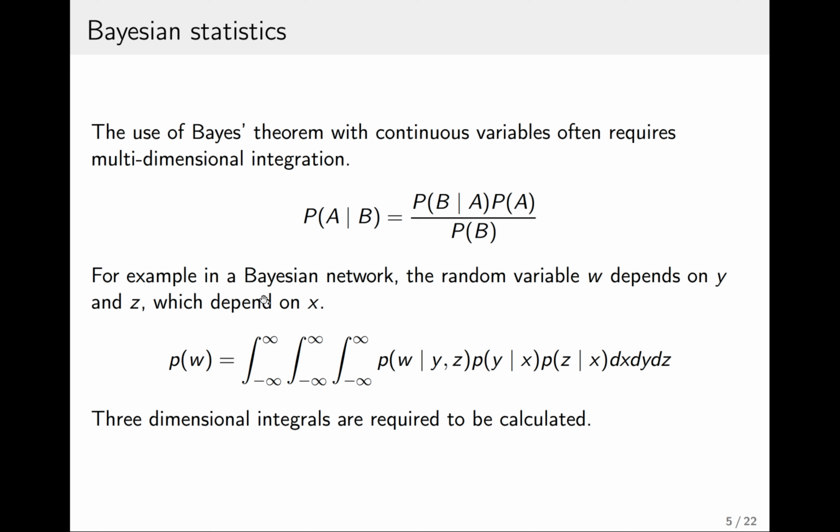When you do continuous variables, if you have the conditional probability of Z depending on X and of Y depending on X, then the probability of the event Y given X, Y, and Z turns out to need a 3-dimensional integral. In Bayesian statistics, you need to compute much higher dimensional integrals, and these are the areas where some kind of Monte Carlo method needs to be used.